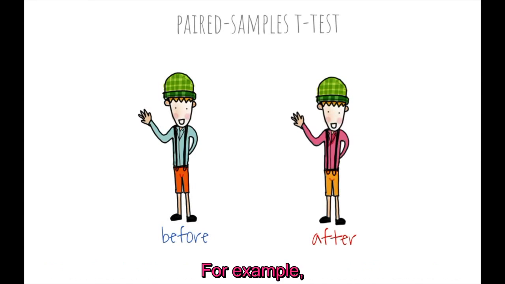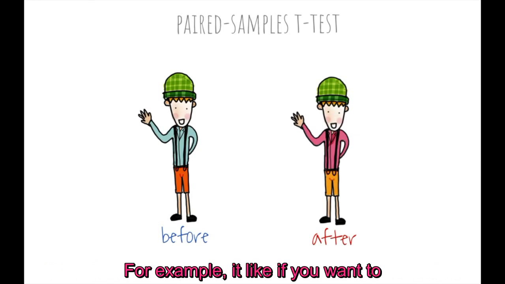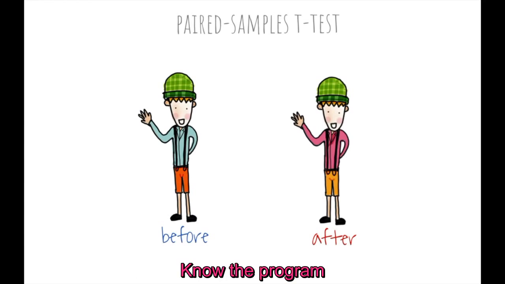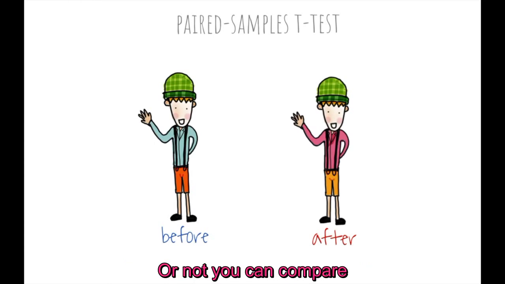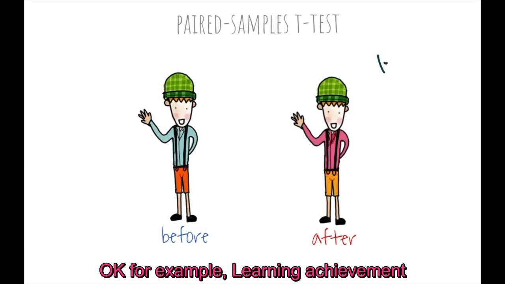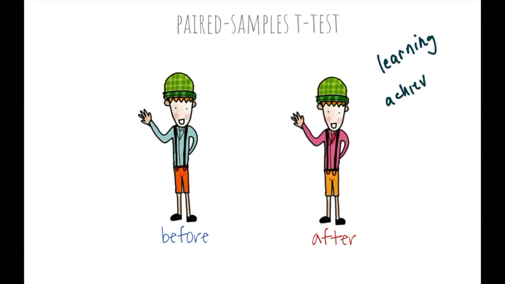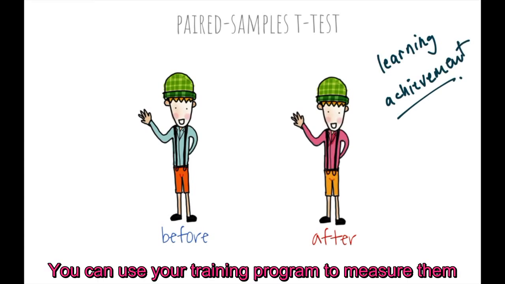Okay, for example, if you want to know whether the training program is efficient enough or not, you can compare their ability. For example, if you would like to test their learning achievement, you can use your training program to measure them.